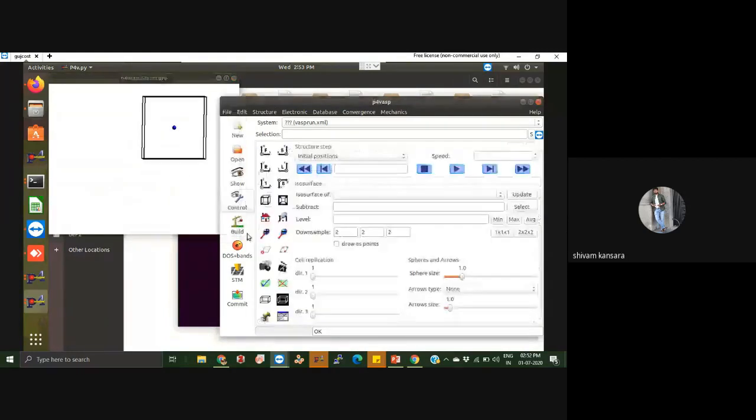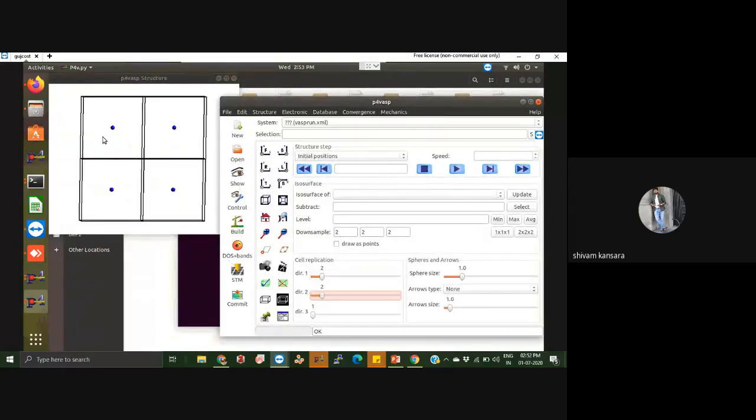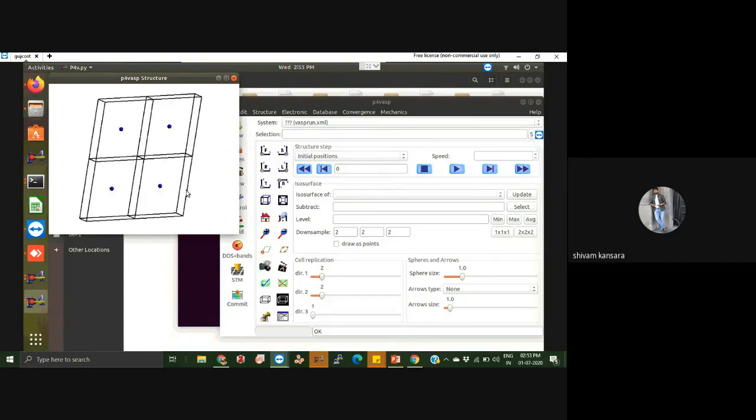So if we replicate this system, we can see the interaction between two atoms. Interaction between this atom and this atom is impossible, because this is totally confined. The electron can't reach. Even if we apply higher energy, the electron can't reach from this cell to this cell. But this is only extended in the xy dimension.